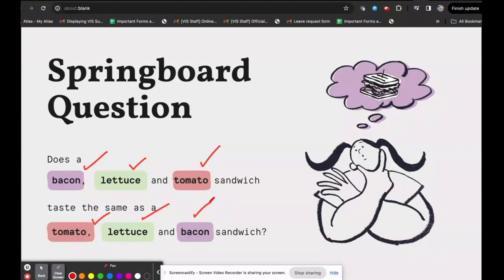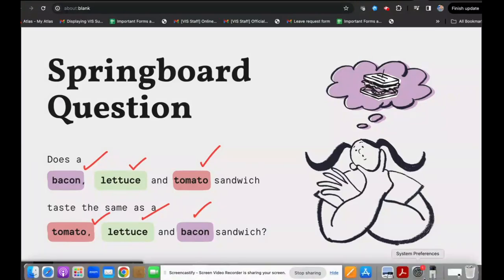If we add tomato first, then lettuce and then bacon, if you change the order of these things, do they taste the same or different? You can answer this question in the comment section. All right, let's move to the next slide.